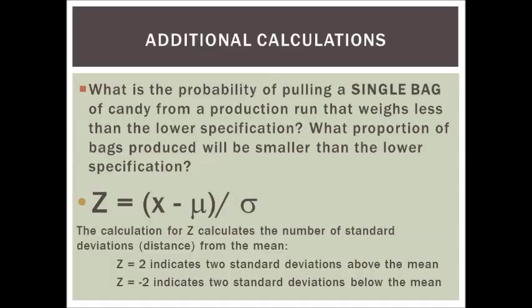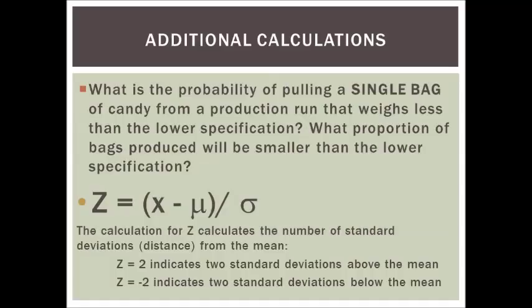So first, let's imagine what this really means. I think it's going to be helpful to you to understand this if you think about physically what is actually happening in the process that's represented by the question. So what this is saying is, let's say that you're actually standing beside the machine and the machine is making 1-pound bags of candy.